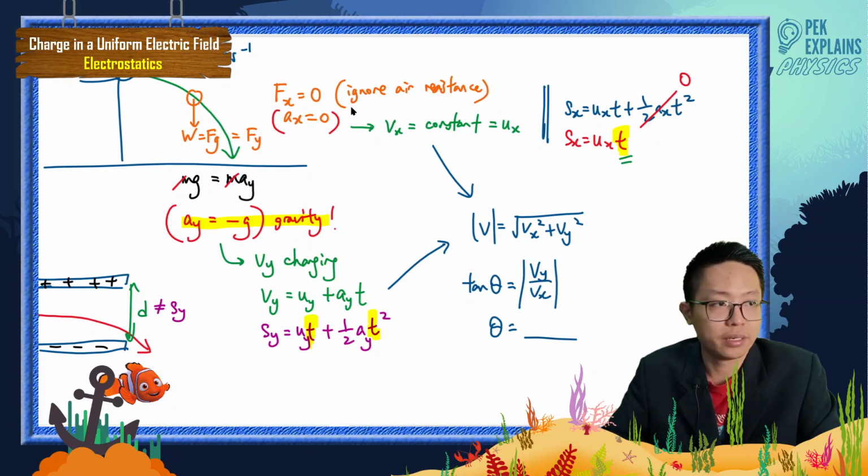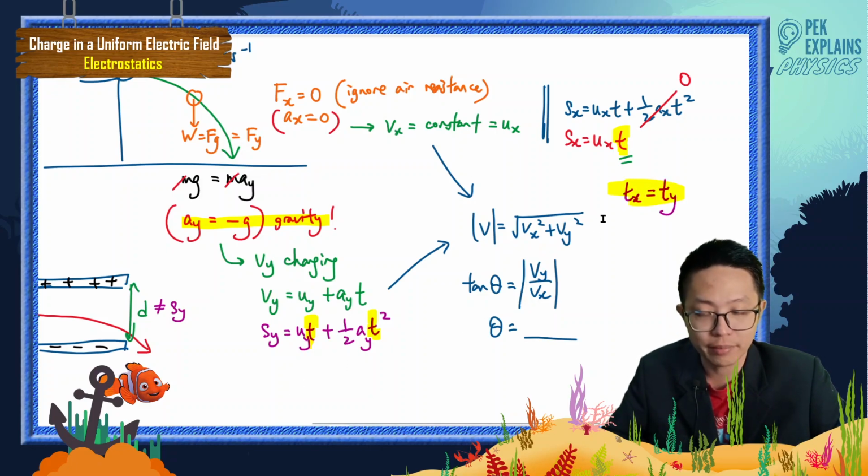Remember, tx must be equal to ty at all positions. The time must be the same for both components because for projectile motion, both components happen simultaneously.